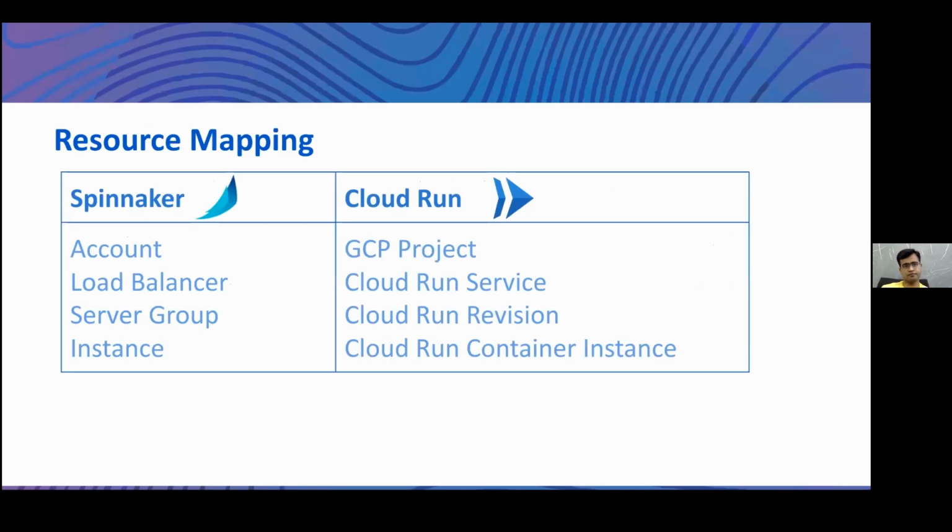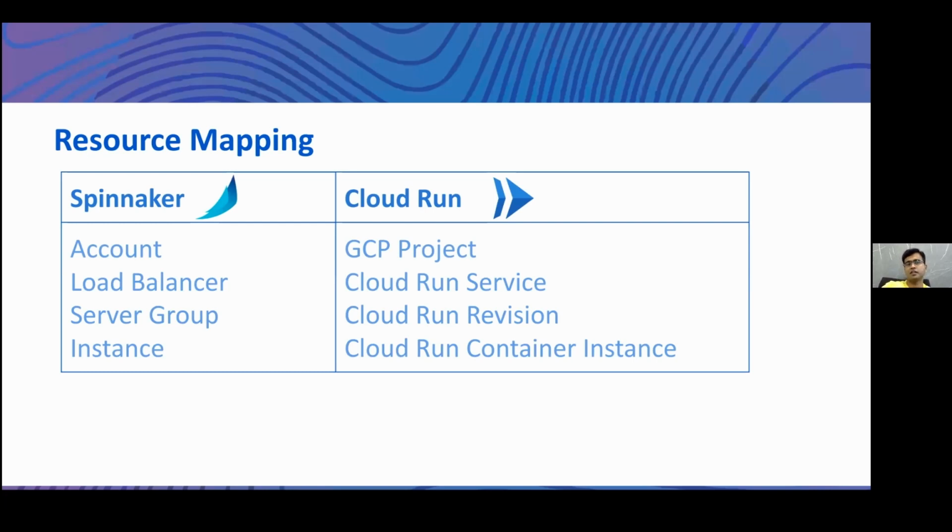Okay, so Spinnaker is a truly multi-cloud CD tool. And as far as Google is concerned, there are two Google services that were already part of Spinnaker. One is Google Compute Engine, and another is Google App Engine. And Cloud Run will be the third.